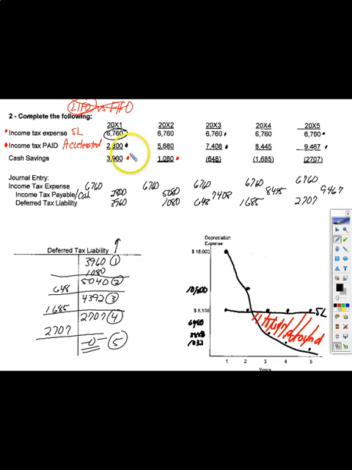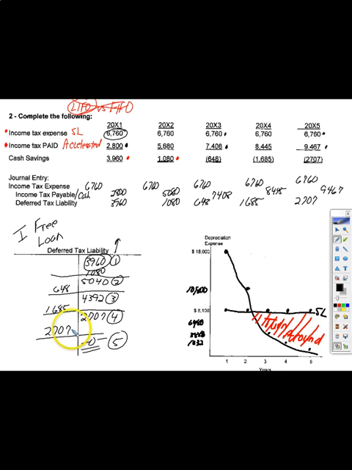So we can see this interesting concept of using straight line versus an accelerated method becomes a liability to the IRS. You can think of it as a great tool. It's an interest-free loan from the government. In essence, the first year, it's like we borrowed $39.60, and then another $1,080, and then we just kept paying it off.